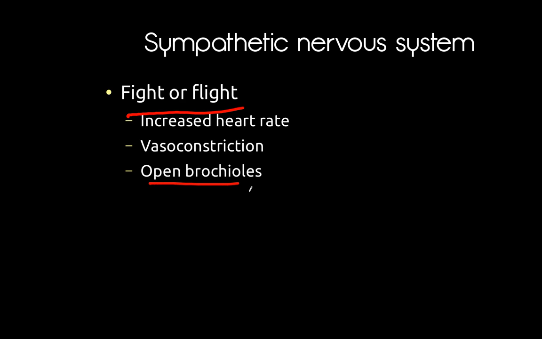It will also open up your bronchioles, the tubes into your lungs, for lack of a better term at the moment, and that's really going to help you draw more air into your lungs. All of these things are mobilizing you for action, trying to get your body ready to do something very active.